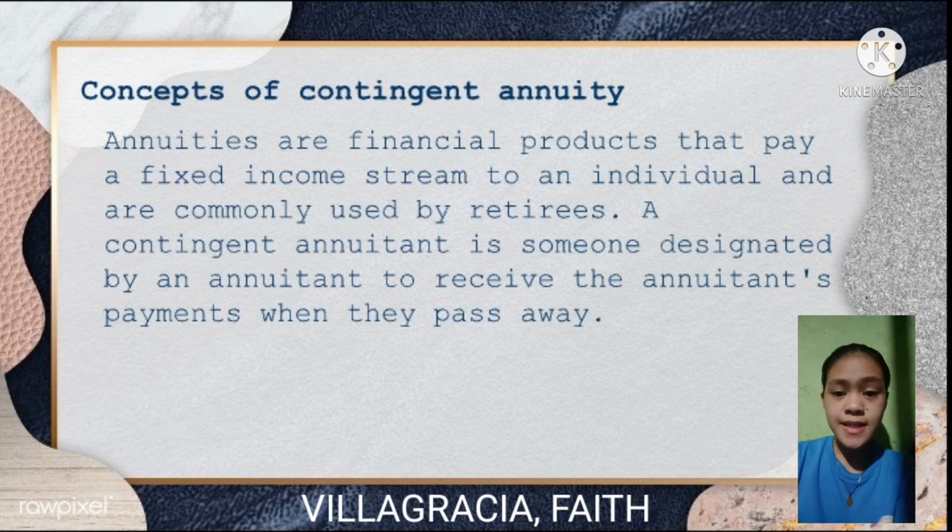So first, this is the concept of contingent annuity. Annuities are financial products that pay a fixed income stream to an individual and are commonly used by retirees. A contingent annuitant is someone designated by an annuitant to receive the annuitant's payment when they pass away.